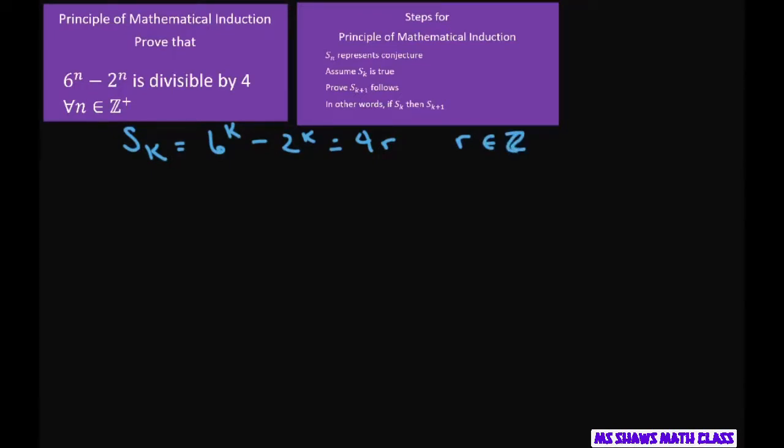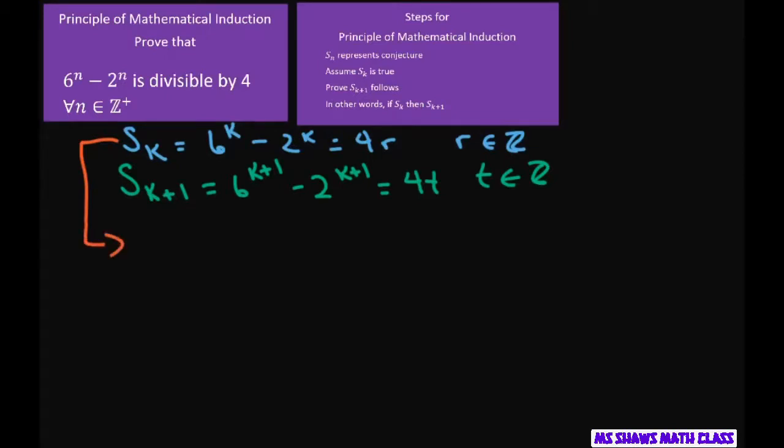And then S sub k plus 1 equals this, 6 to the k plus 1 minus 2 to the k plus 1. And now we want to change this to t for integer t. All right, now we're going to rewrite this one, and we want it to look like this one at the end. And then we have proved that it works.